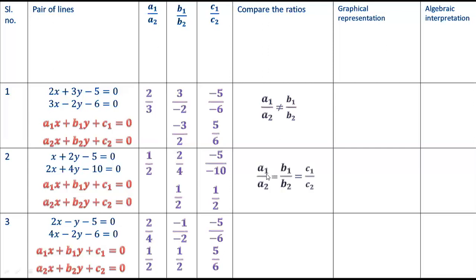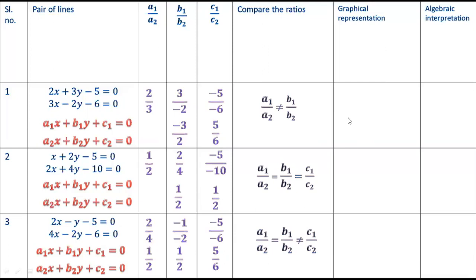In the second example, all the ratios are equal. a1 by a2 is equal to b1 by b2 is equal to c1 by c2. In the third example, a1 by a2 is equal to b1 by b2 but not equal to c1 by c2.